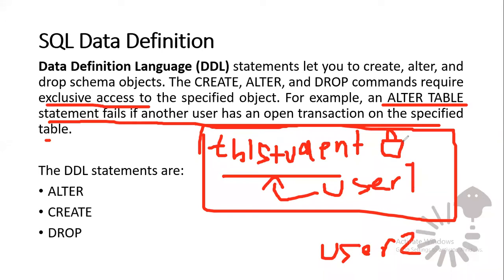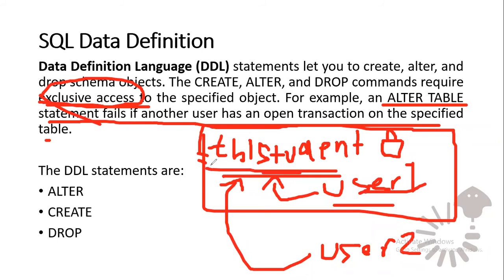Nakalock yan for milliseconds until matapos yung ginagawa niyang transaction, mag-a-unlock siya. Pag hindi na siya nakalock, that's the only time that another user could have an exclusive access to this specific table. By that time, kung ano yung ginawa ni user 1 dito sa table na to, magre-reflect na siya sa end ni second user. So, yun yung exclusive access at a time lang.